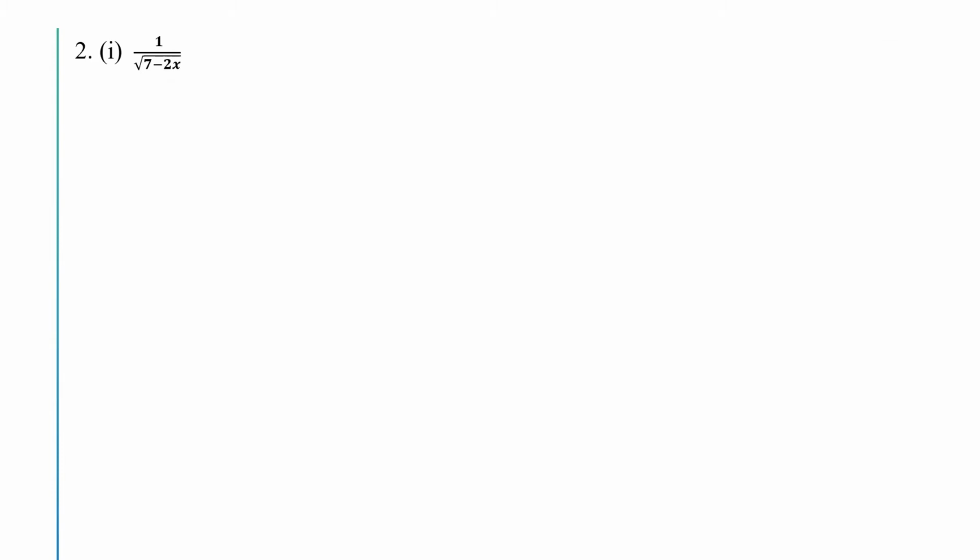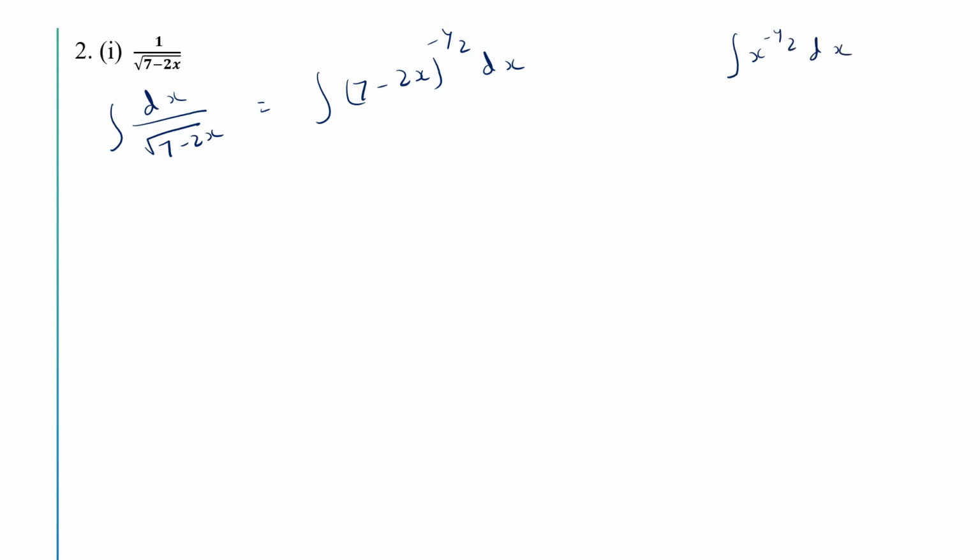The next one is 1 by under root 7 minus 2x. So integral dx by under root 7 minus 2x is equal to integral 7 minus 2x the whole raised to minus half dx. Now we know that integral x raised to minus half dx is x raised to minus half plus 1 divided by minus half plus 1, so it is 2 root x.